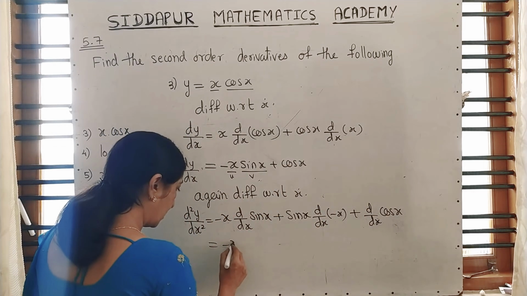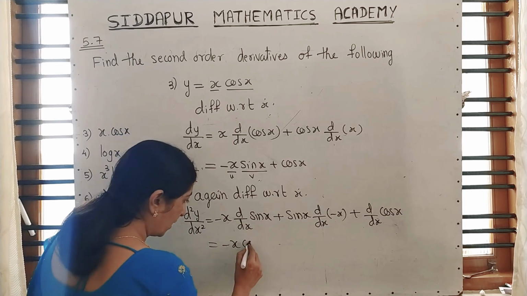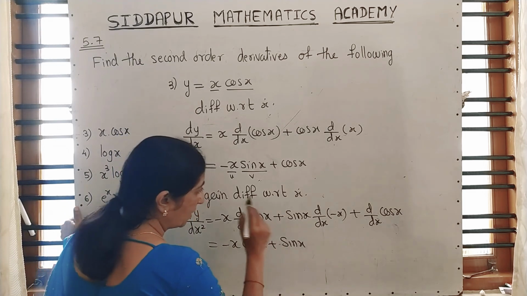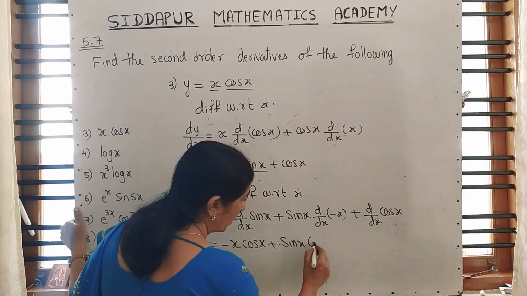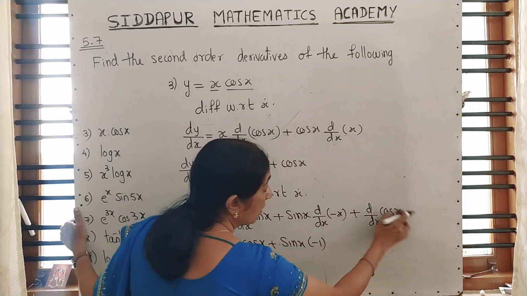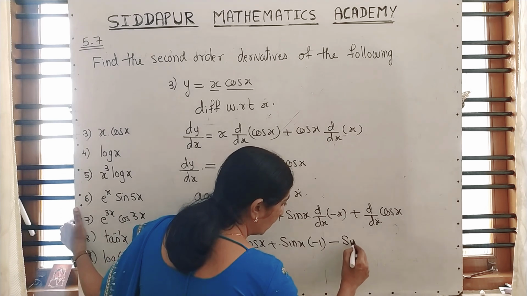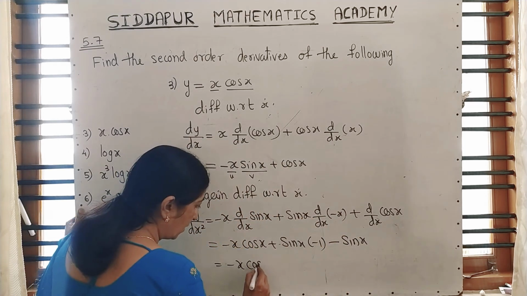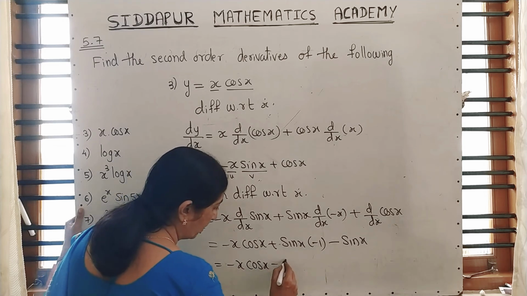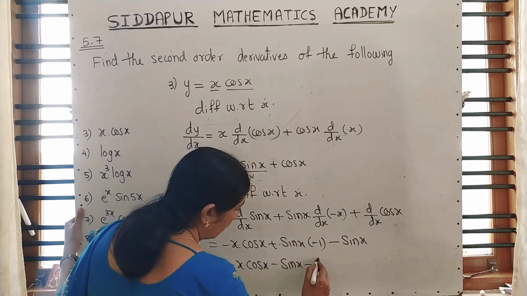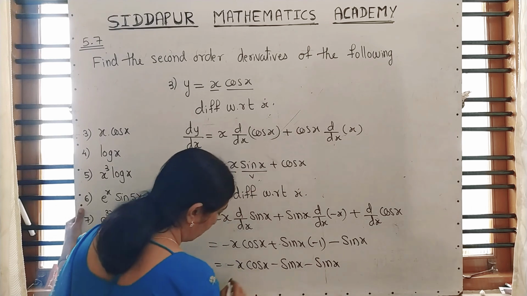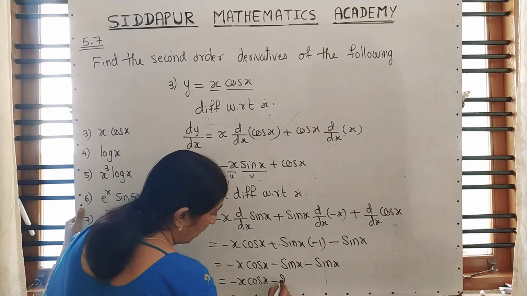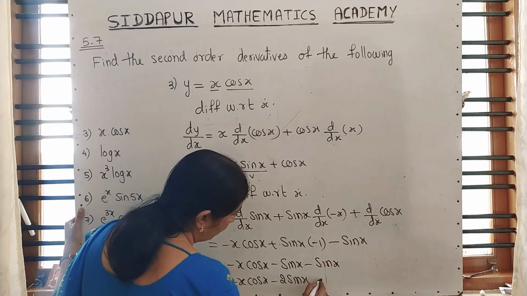See, minus x as it is. Differentiation of sin x is cos x, plus sin x as it is. Differentiation of minus x is minus 1. Differentiation of cos x is minus sin x. So it is minus x cos x plus into minus is minus sin x, and this is minus sin x. It will be minus x cos x minus 2 sin x.